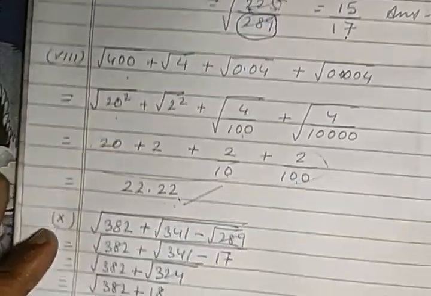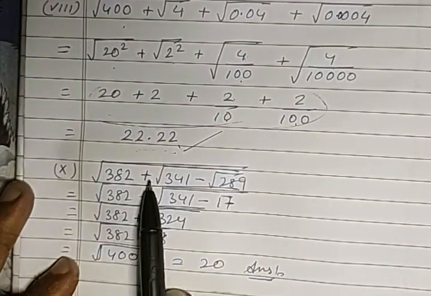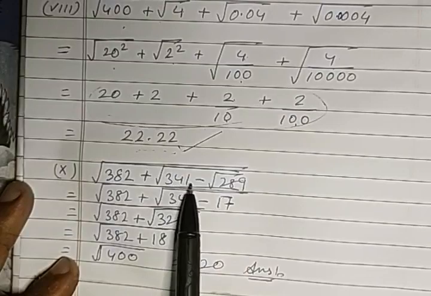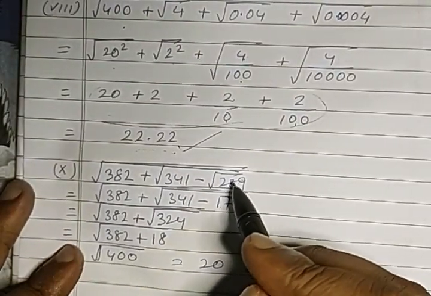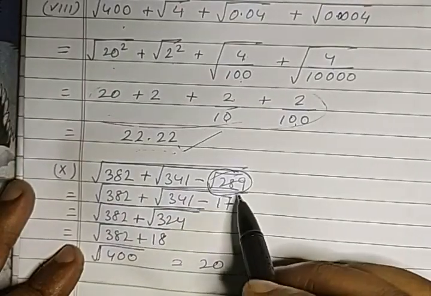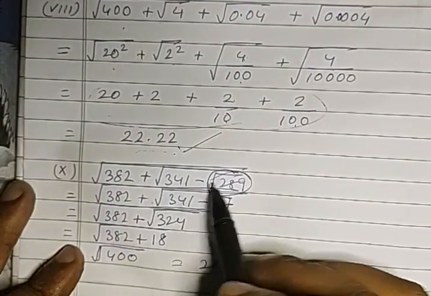Okay, and there is one more kind of question, that is root over 382 plus root over 341 minus root over 289. Step by step we have to do it. First of all, 289 is the square of 17, so I have written 17 outside the root, but the other roots remain.